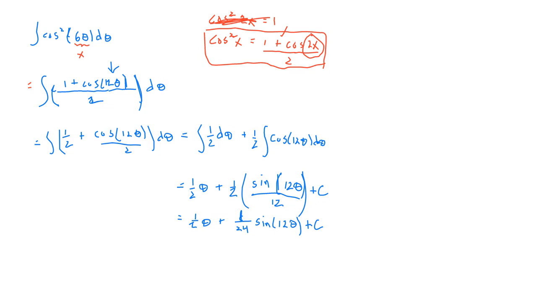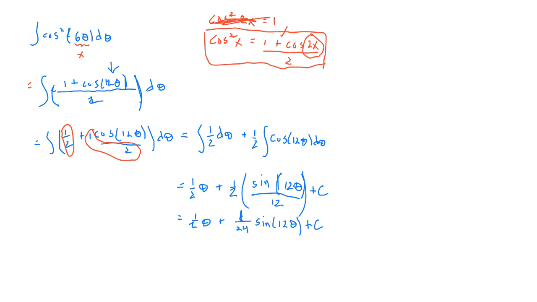Why the 1/2 twice? Because you have the 1/2 here, but then you also have a 1/2 here. You see, and you can factor each of those out of the integral.